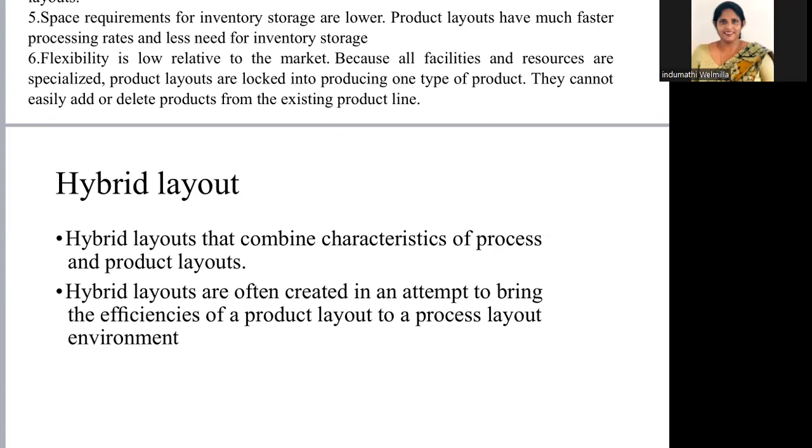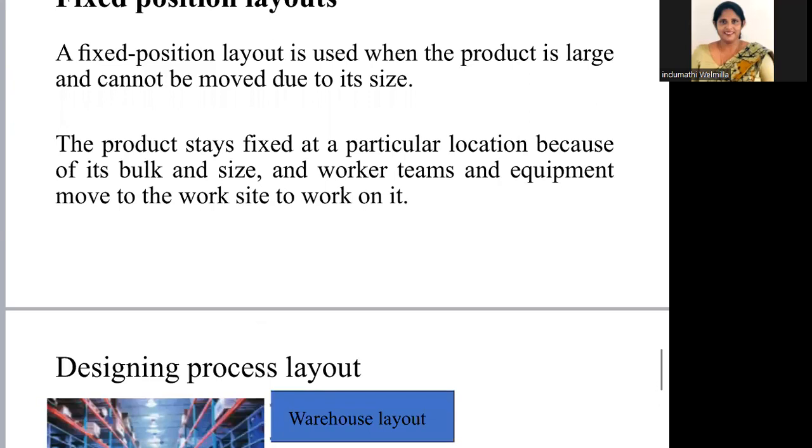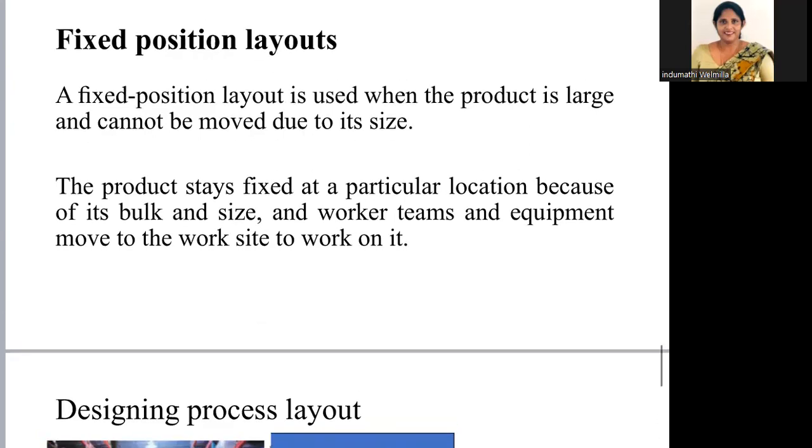And then we move to the fourth type of layout, that is fixed position layout. This is a very, very simple one, and we can understand it very easily, because fixed position layout is used when the product is large and cannot be moved due to its size.